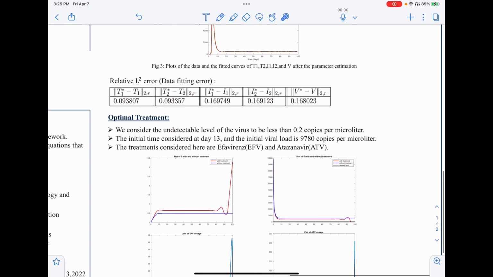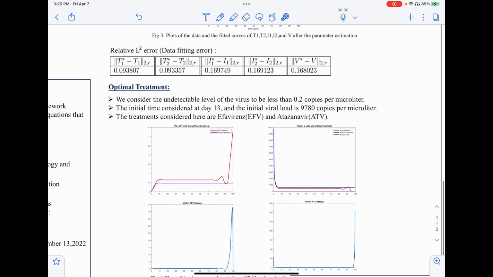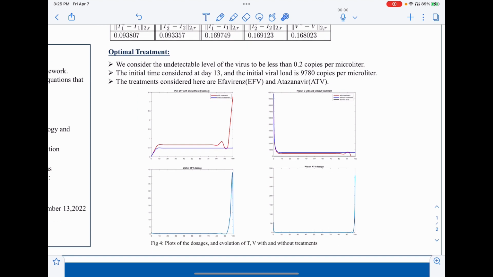For optimal treatment, we consider an undetectable level of the virus to be less than 0.2 copies per microliter. The initial time considered here was day 13, and the initial viral load is 9,780 copies per microliter.